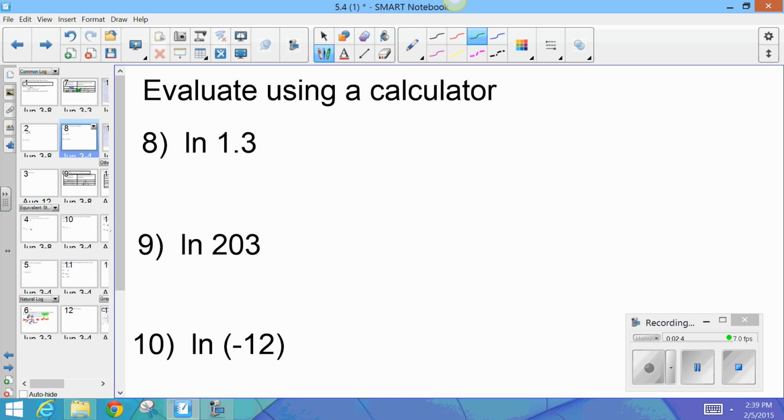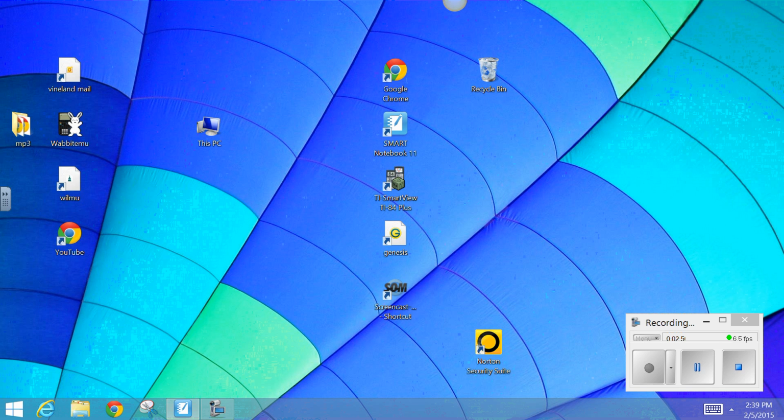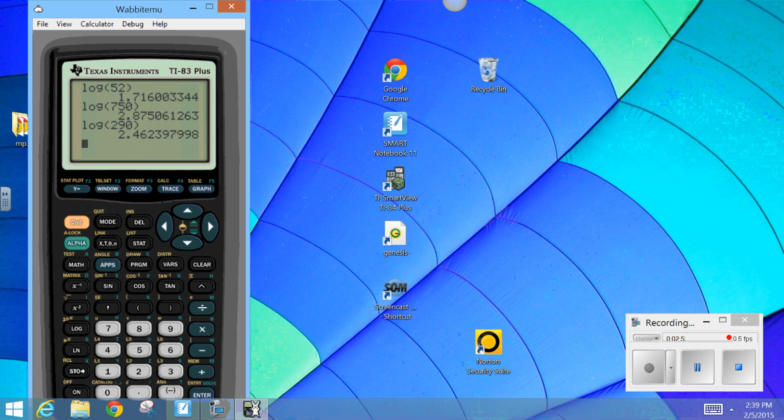Now, the natural log is an available function on your calculator. Let's find it.